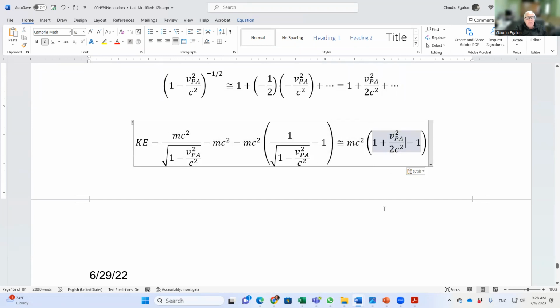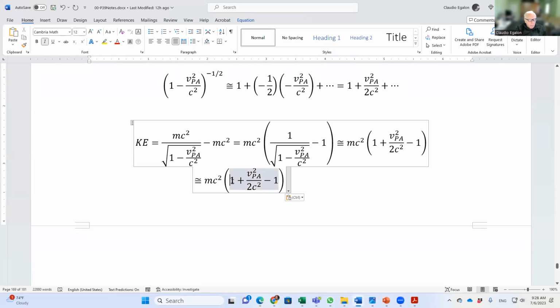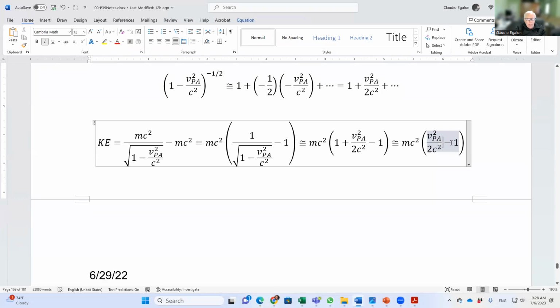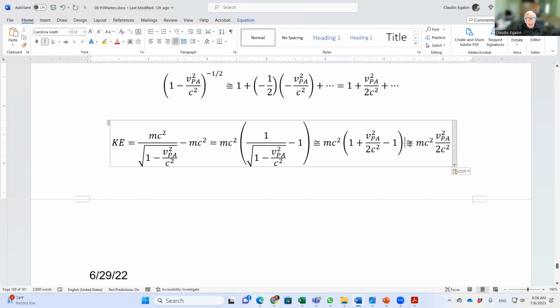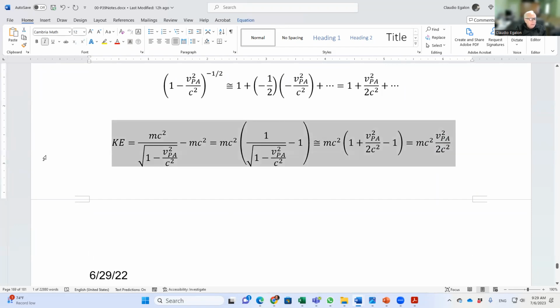Here you go. And then what's going to happen? The 1 is going to cancel out with the 1. This term here becomes on its own, and that shouldn't be an approximation here. That's an equality. The approximation is here, right? And then look what we're going to get.